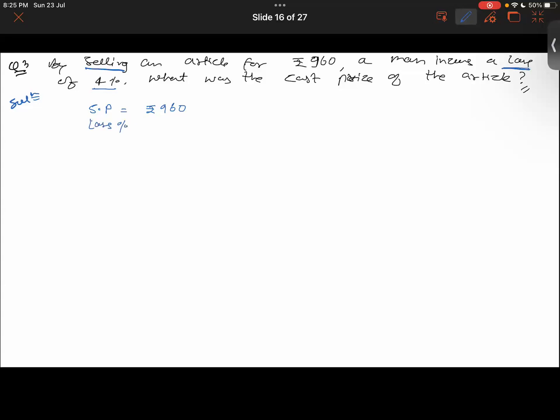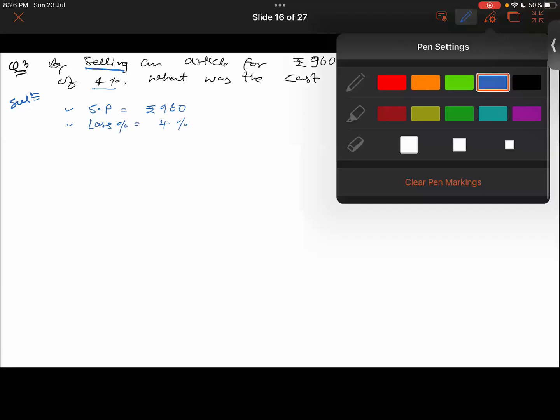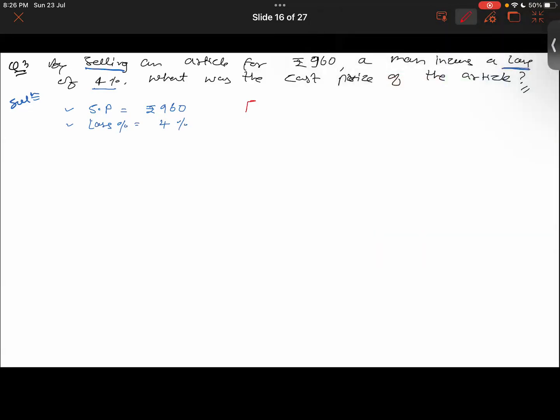So remember, when you are provided with selling price and loss percent, and you are required to find the cost price, there is a direct formula which you can use. Can you tell me the formula, please? Try to remember. I guess just moments ago, I told you guys about this one.